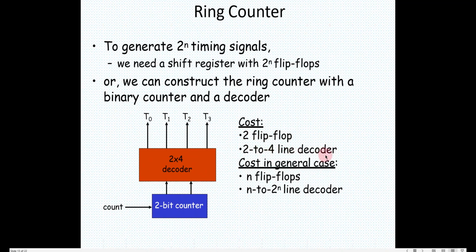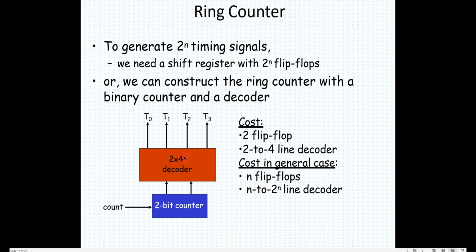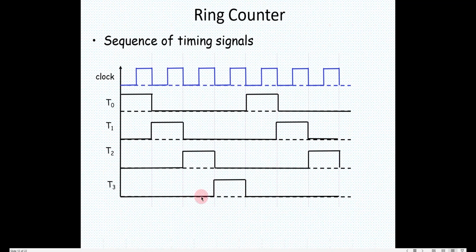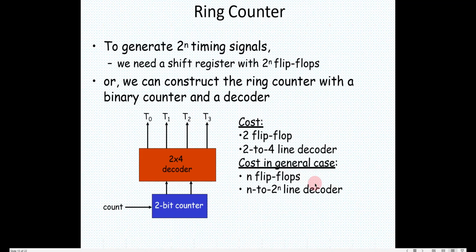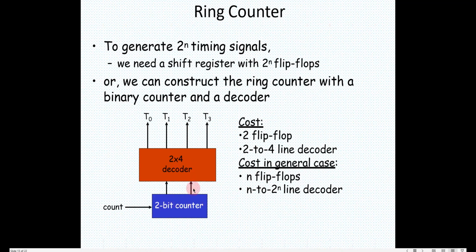If I talk about N-phase clocks, for 4 the benefit is small, but if I require, say, 16-phase clocks, then I will require 16 flip-flops in the ring counter, whereas with a counter and decoder combination I can just use a 4-bit counter, which will generate 16 different conditions, and then use a 4-to-16 decoder.